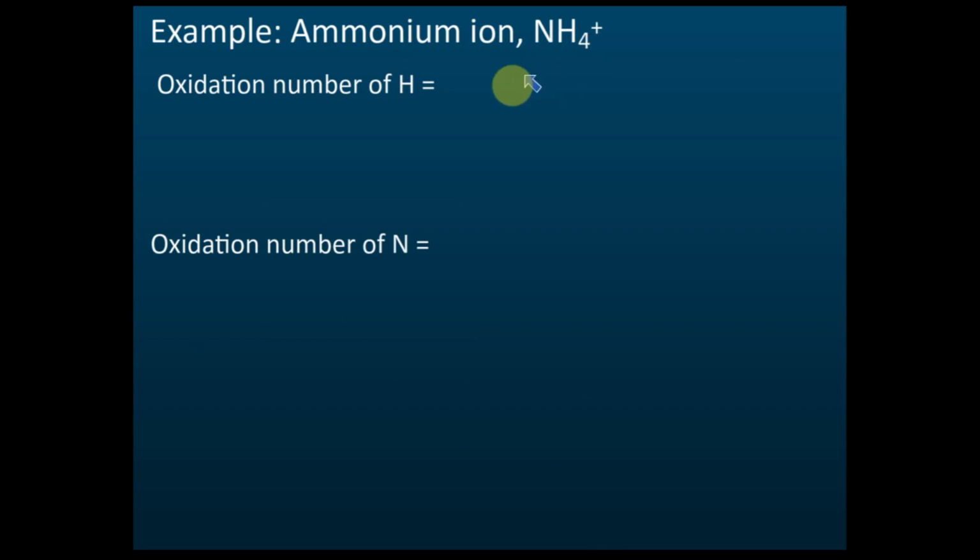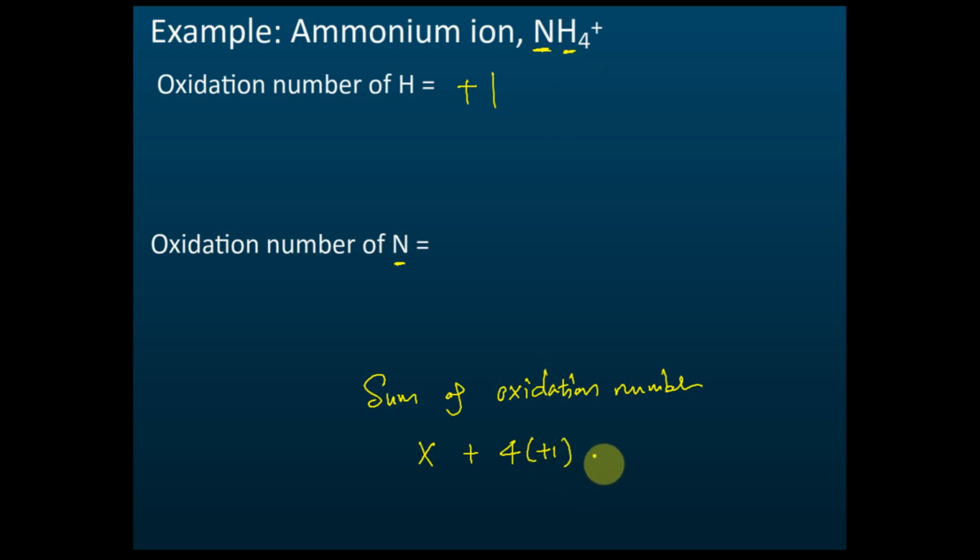Ammonium ion. What's the oxidation number of hydrogen in the ammonium ion? +1. Find the oxidation number of nitrogen.